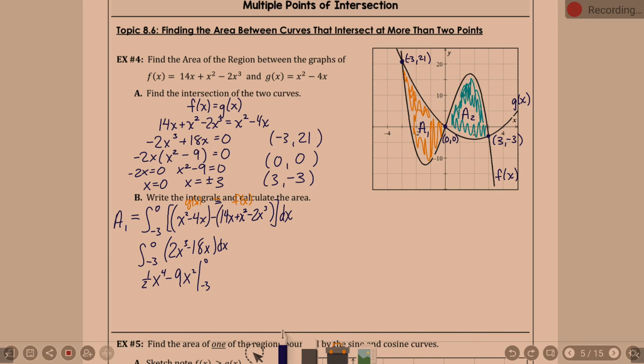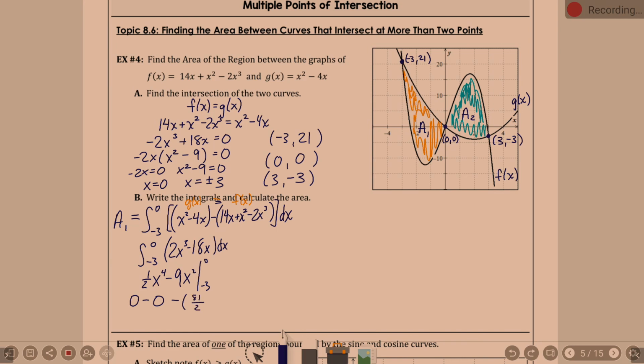Okay. Now, unusual, we're plugging in 0 first, aren't we? So 0 minus 0, minus, I'm going to start parentheses. Oof, -3 to the 4th. 2 3s is 9, so 4 3s is 81. And that's going to be 81 halves.